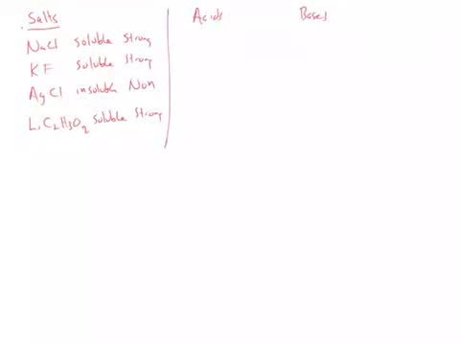What about acids? What about H2SO4, HNO3, H2SO3? Well, H2SO4 and HNO3 are strong acids, so they're going to be strong electrolytes. H2SO3 is a weak acid, so it's going to be a weak electrolyte. Not many ions in solution.